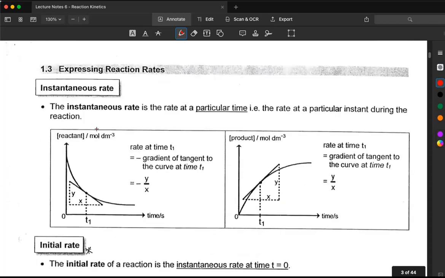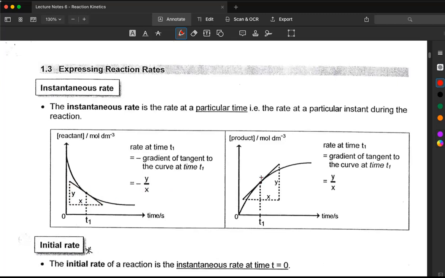Now, so what is instantaneous rate? It is the rate at a particular time, that is the rate at a particular instant during the reaction. So when we draw the graph showing the change in concentration of a reactant over time, in order to obtain the instantaneous rate, we can actually draw the tangent to a point on the curve and calculate the gradient using rise over run.